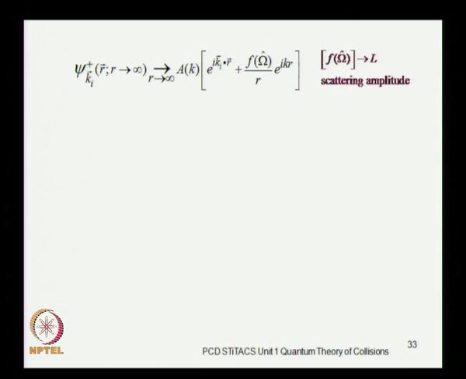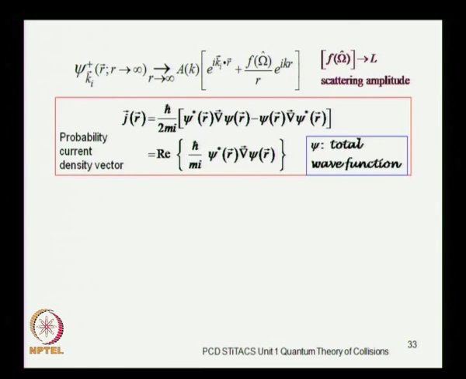And we now consider the probability current density vector corresponding to the full wave function. What we did so far was to consider just the incident part first, then just the scattered part.